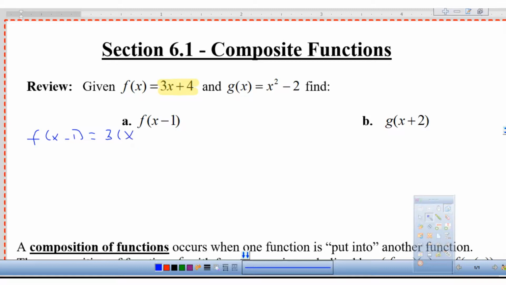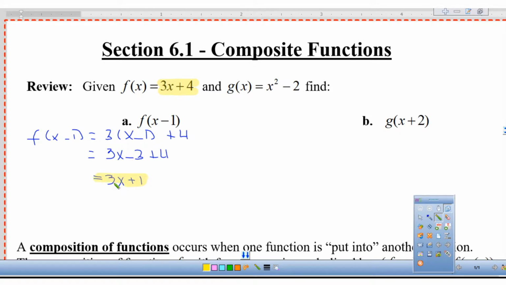Wherever you see an x, put in an x minus 1, and then you have a plus 4. Okay? Now, if it tells you to simplify, that means you can't have any parentheses left, so we need to keep going. So distribute, and you have 3x minus 3 plus 4, and then when you simplify that, you get 3x plus 1. That's your answer, and you're done.